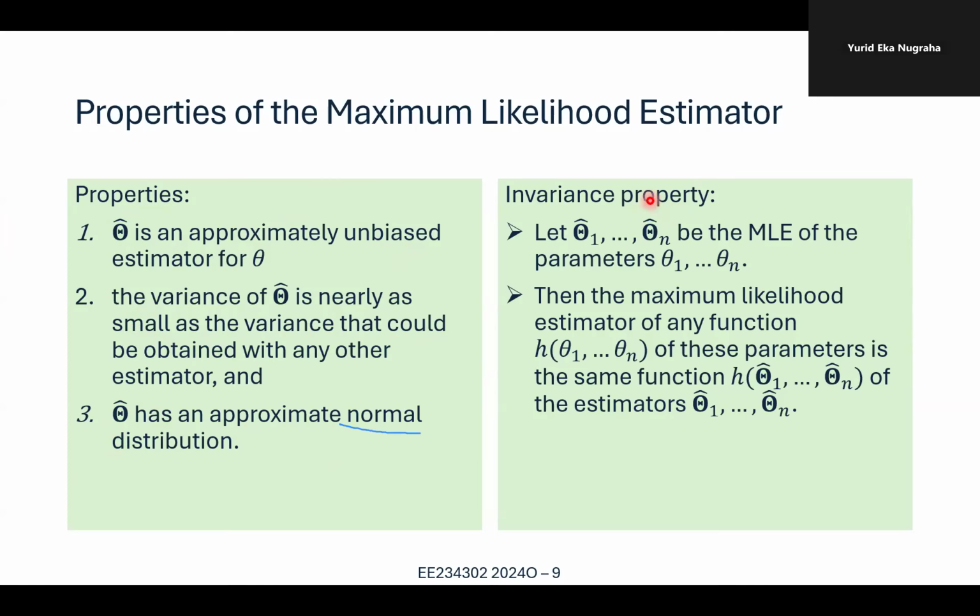There is a characteristic called the invariance property, where if theta hat 1 to theta hat n are the MLEs of the parameters theta 1 to theta n, then the maximum likelihood estimator of any function h of theta 1 until theta n is the same function h of capital theta hat 1 until capital theta hat n of the estimators.